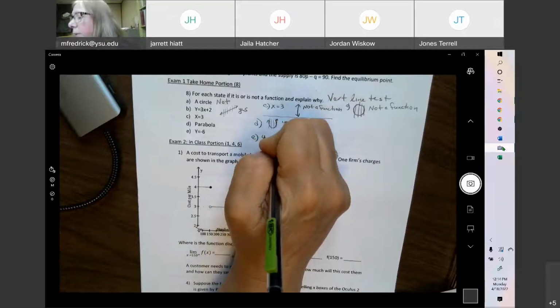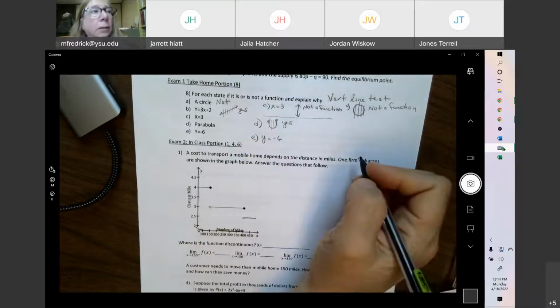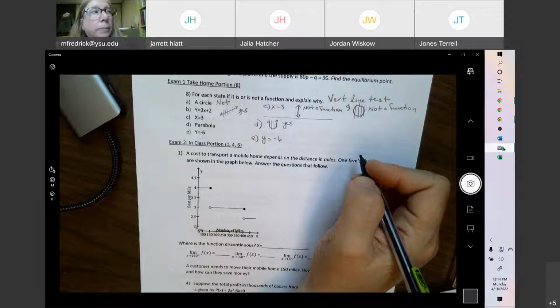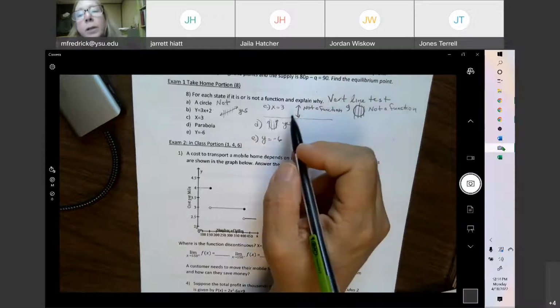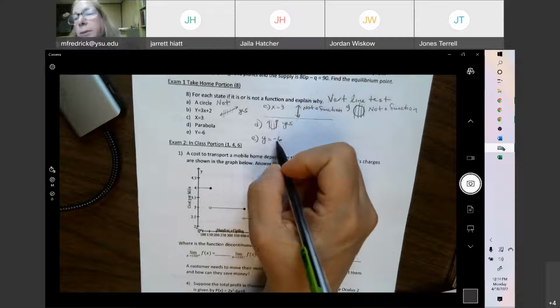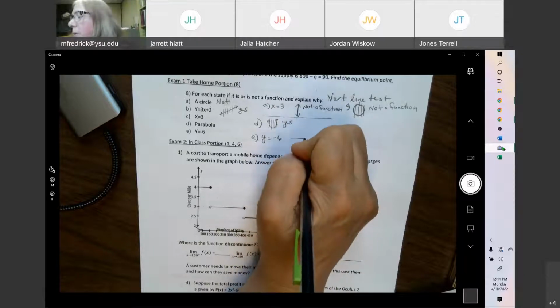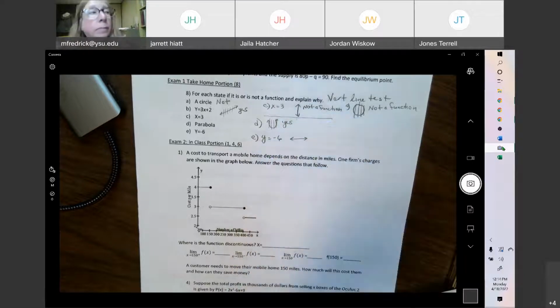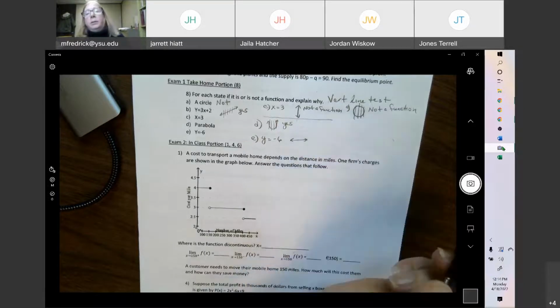How about y equals -6? X equals a number is a vertical line, so y equals a number is a horizontal line. Will it pass a vertical line test?